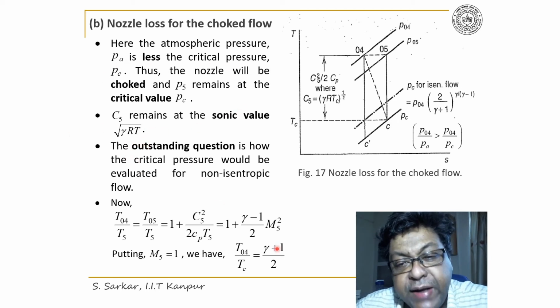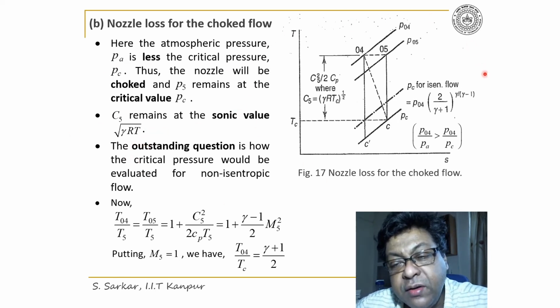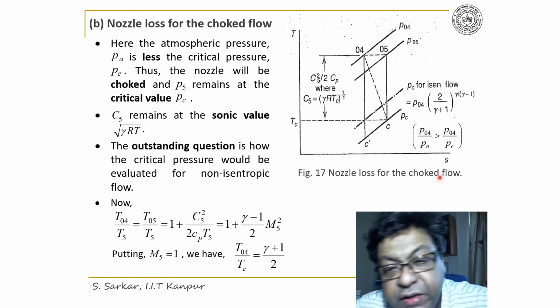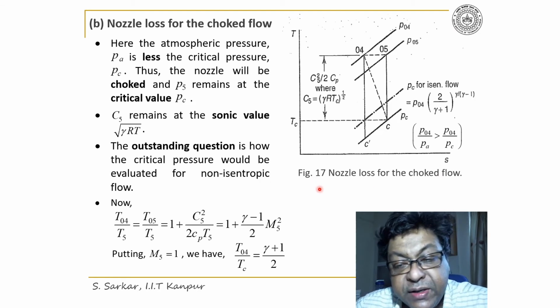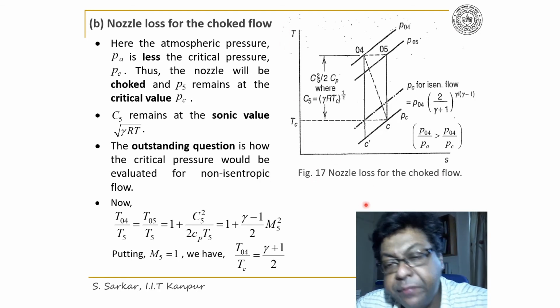With this understanding, I have drawn the expansion of the gas in the nozzle when the flow is choked in figure 17, that's a TS diagram.